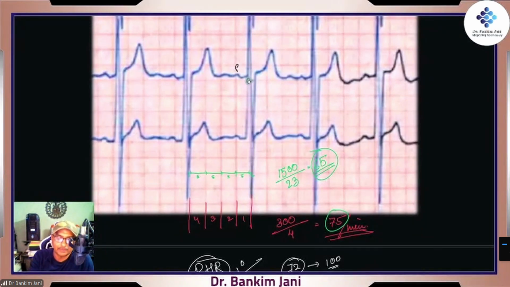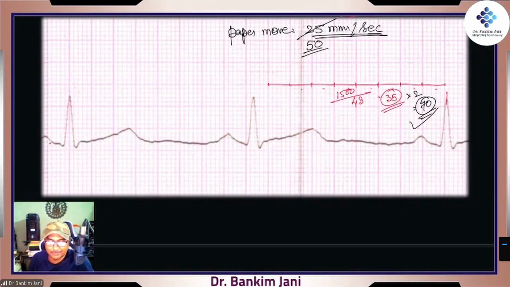So the distance would be this to this, almost one big box. Over here, this is the beginning of P wave and this is Q. How much distance is it? One square. That's right. But over here it is more. The big square is over here and the P wave starts from here.